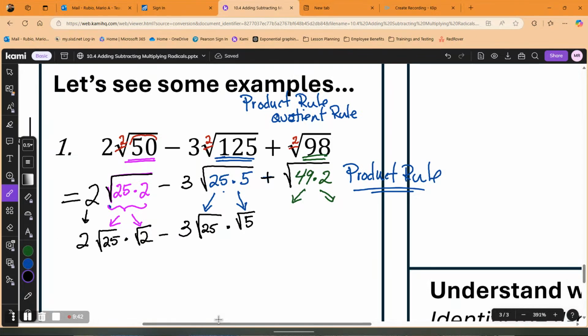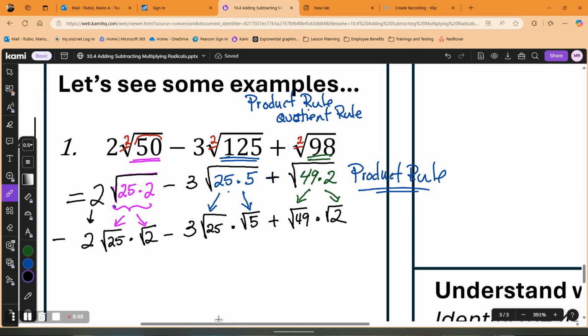But I do have plus the square root of 49 times the square root of 2. The reason I do this is because I can continue to simplify this more and more. Bring down the 2. Now the square root of 25 is 5. There is no square root of 2 that's an even number, so I leave it as square root of 2.